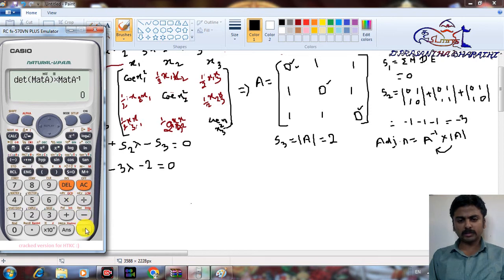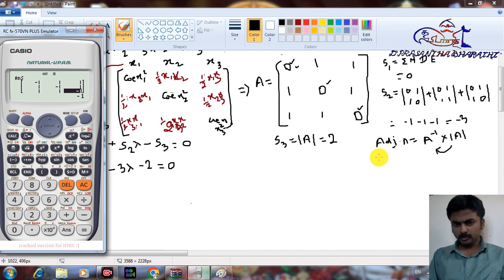So determinant of matrix A into matrix A inverse gives us adjoint A, where only the diagonal elements are minus 1 and all the remaining elements are 1.